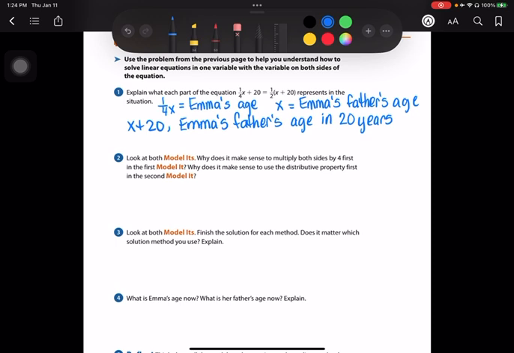And the 1/4 x plus 20 is Emma's age in 20 years.